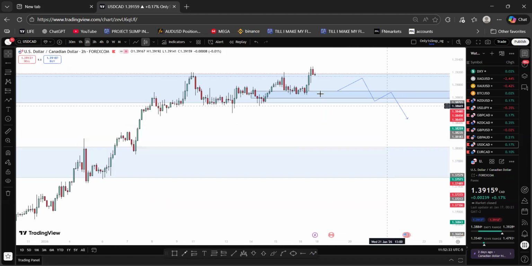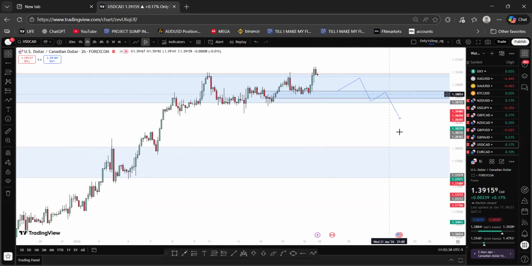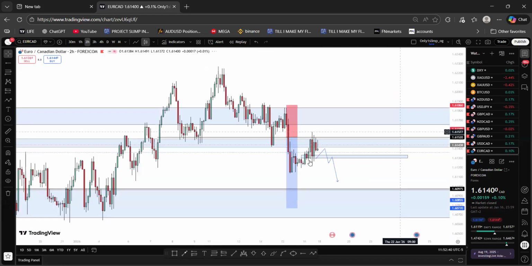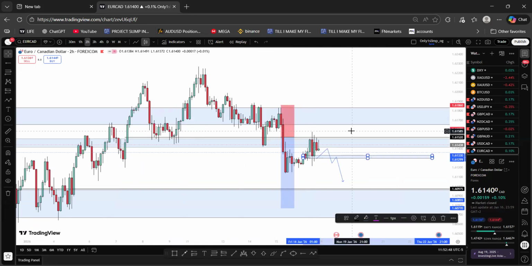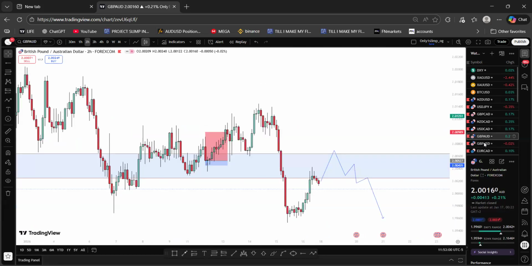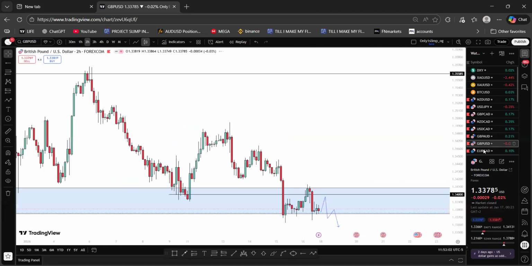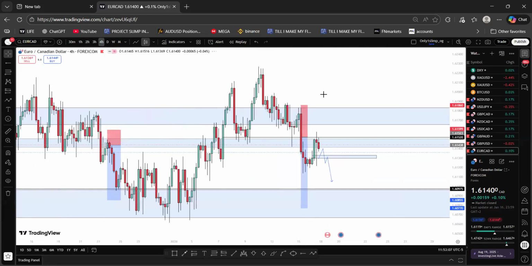NZD USD and USD card, same thing, you can see need the break there, retest, then I can sell. And Euro card, need the break, retest at this point, then I can sell. Yeah, the only trades that I don't like here are these two, GBPUSD and GBPAUD, GBPUSD and Euro card, because I need to wait a bit and see what the market really does.